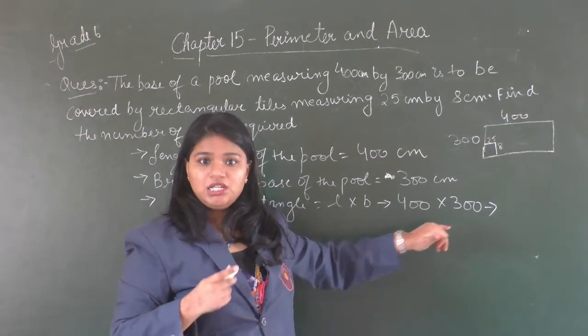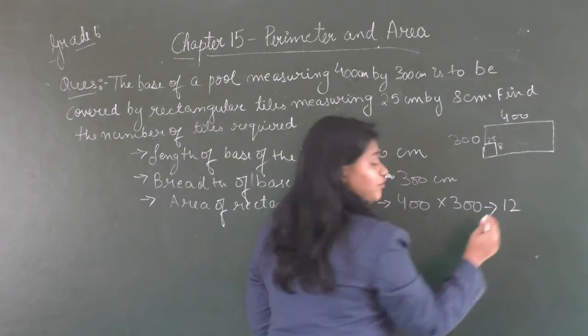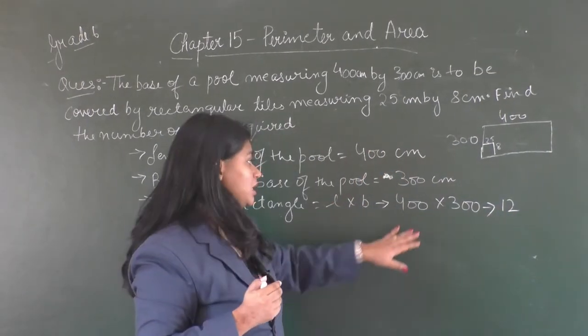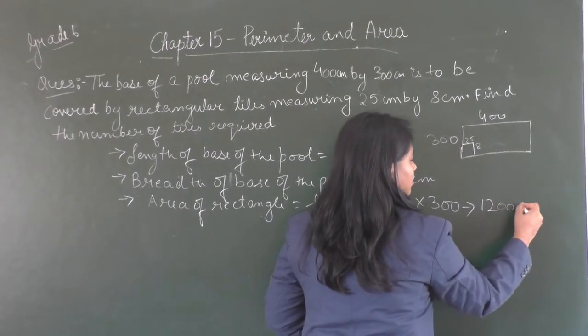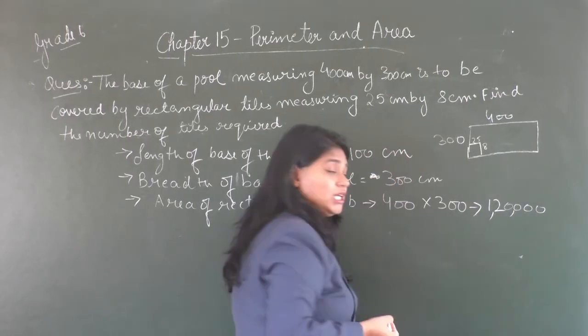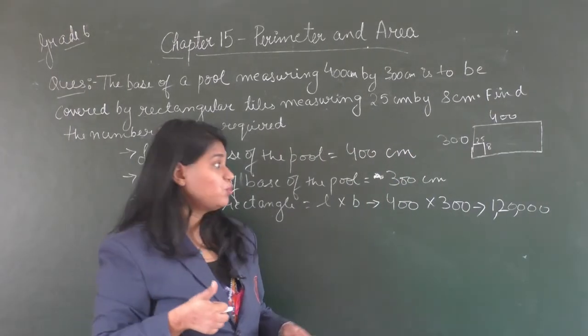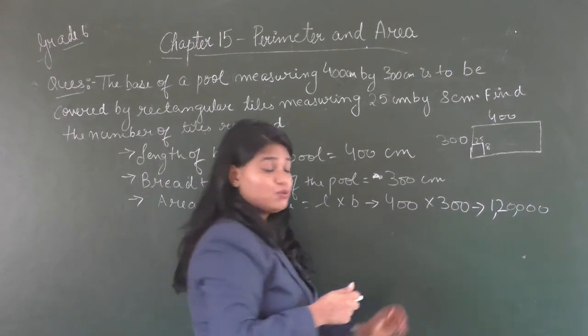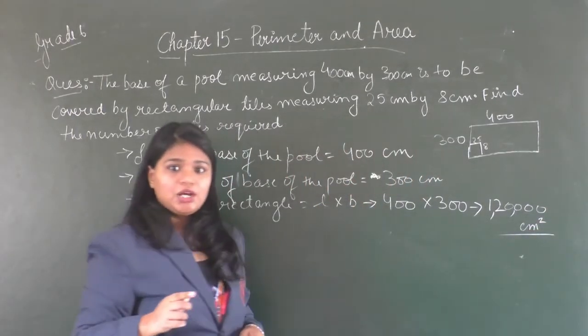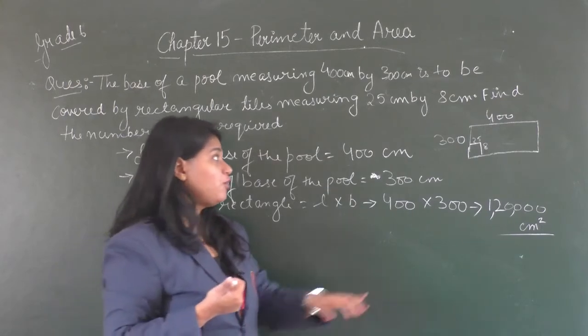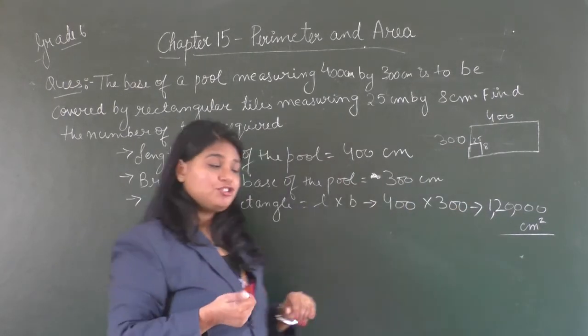So 4 3s are 12, and we will add the zeros, that is 1 2 3 4. There are 4 zeros. That means the area of the base of the pool is 1,20,000 centimeter square.